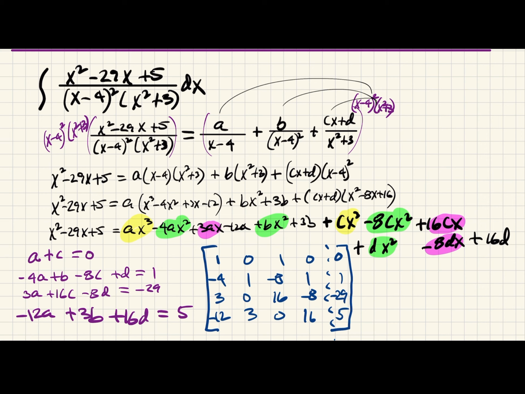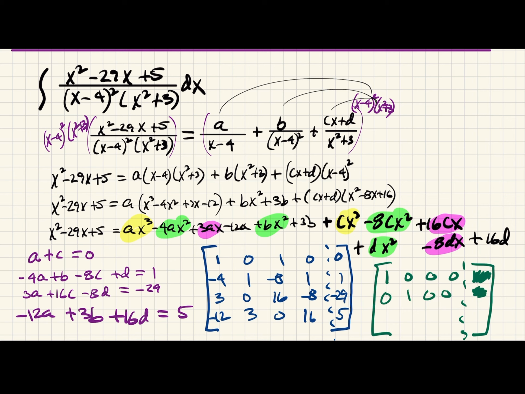Now let me ask you something. If you had a matrix that didn't look like that, looked like this: 1, 0, 0, 0, and then some number over here, I don't know what it is. And then 0, 1, 0, 0, and then some other number over here.